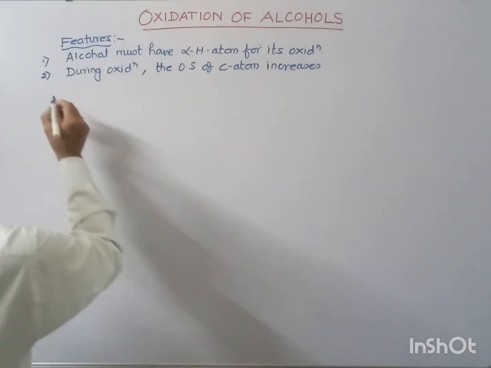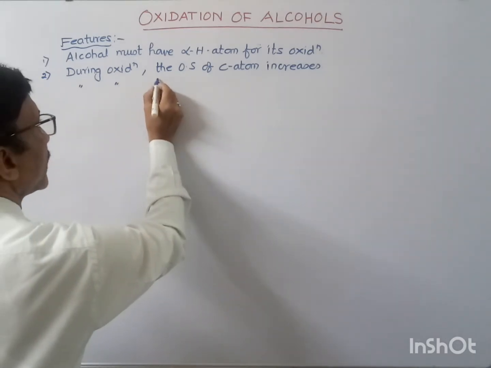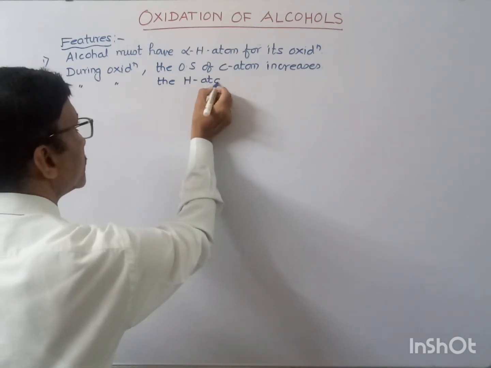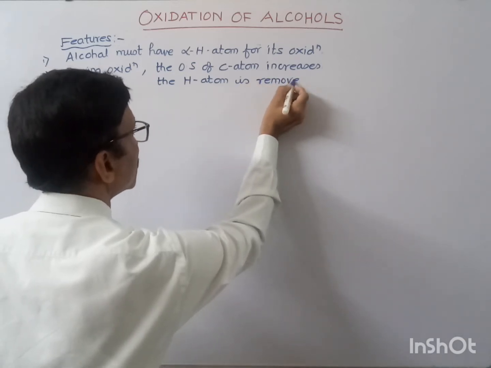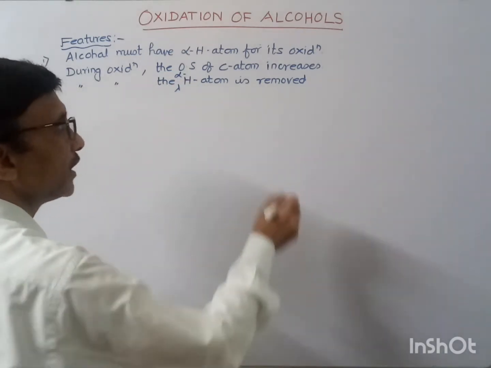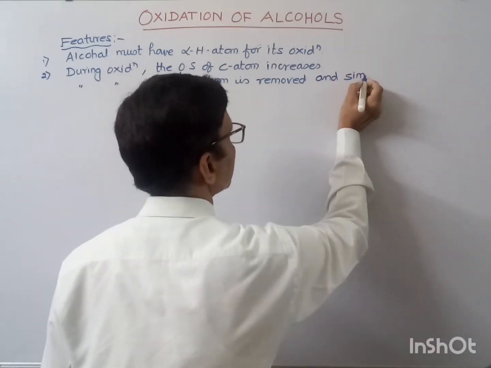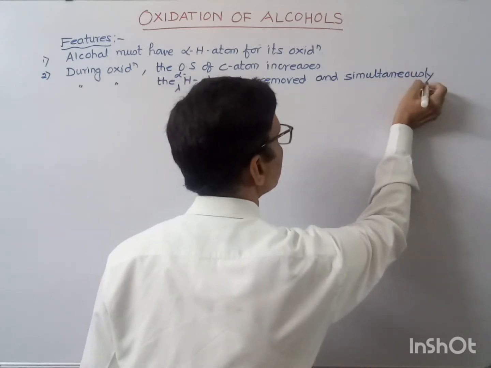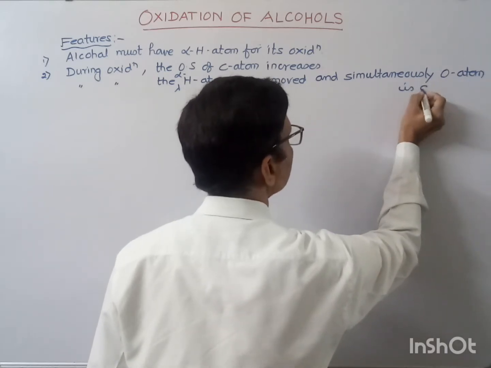So we can also write that during oxidation the hydrogen atom is removed, or we can say one of the alpha hydrogen atoms is removed, and simultaneously an oxygen atom is added there.